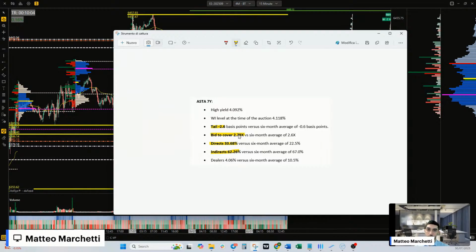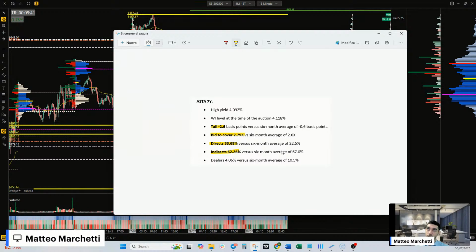Bid to cover 2.79, the average is 2.6, so another good figure. And also, if you check the distribution of the auction, we have directs, which essentially represent internal demand, that bought 33.68%.